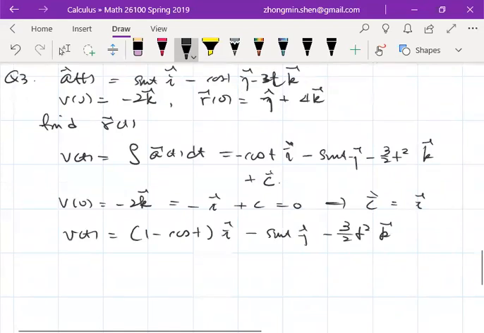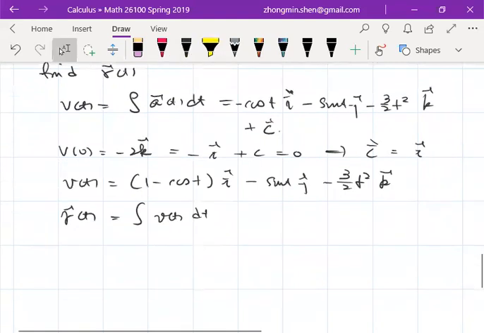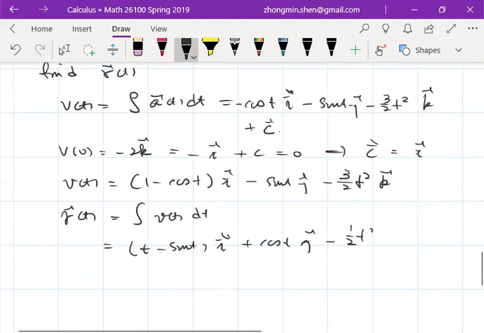Then I evaluate the integral of the velocity vector. The integral of the first one is t minus sine t i, and this cosine t j, and this will be half of t cubed k, plus another vector c.